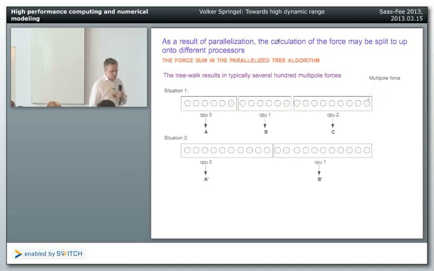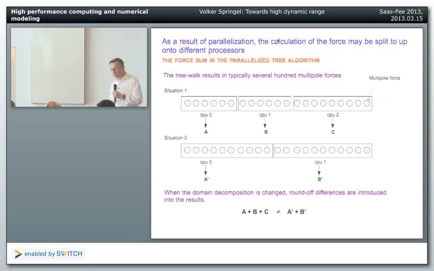So you get 2 numbers, A prime and B prime. And because of this breakdown of the law of associativity, the sum of A plus B plus C will not be the same as the sum of A prime plus B prime. Even though mathematically everything's fine, right? But you now have round-off that spoils the binary invariance of this parallel algorithm.